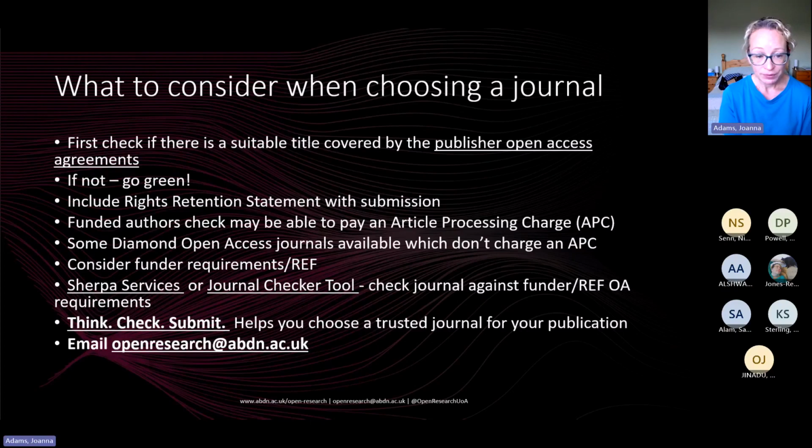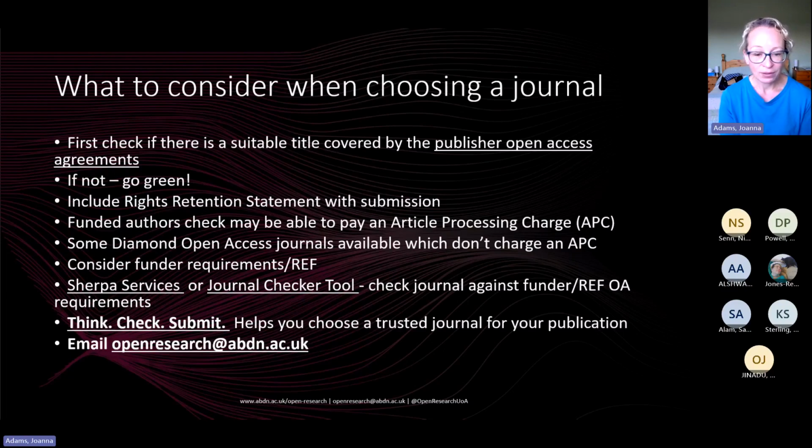There are some tools available for you if you want to check if a journal matches your funder open access policy, or if you just want to check if a journal is open access or is covered by an agreement. They're the Sherpa services and the Journal Checker tool. We would just advise caution when you're using them, because often the information from the publisher or agreements can change quite quickly and they're not always completely up to date.